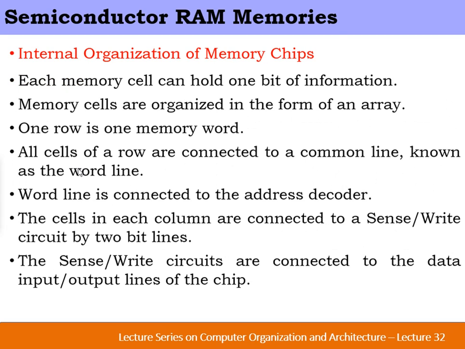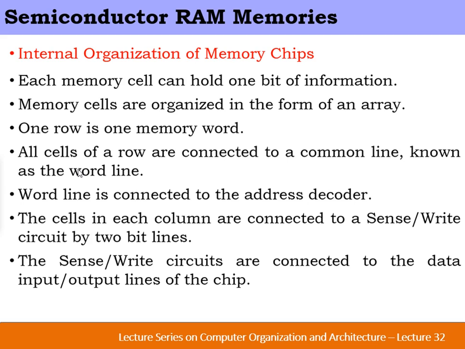Now we know what a cell is. A cell is used to store one bit of information. These cells are organized in the form of an array. There will be a certain number of rows, and every row we call one memory word. So memory is made up of a number of cells, wherein the storage capacity of one cell is one bit of information.